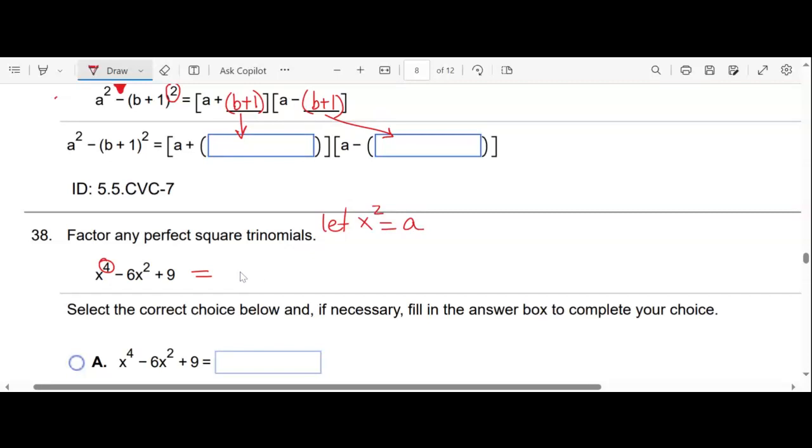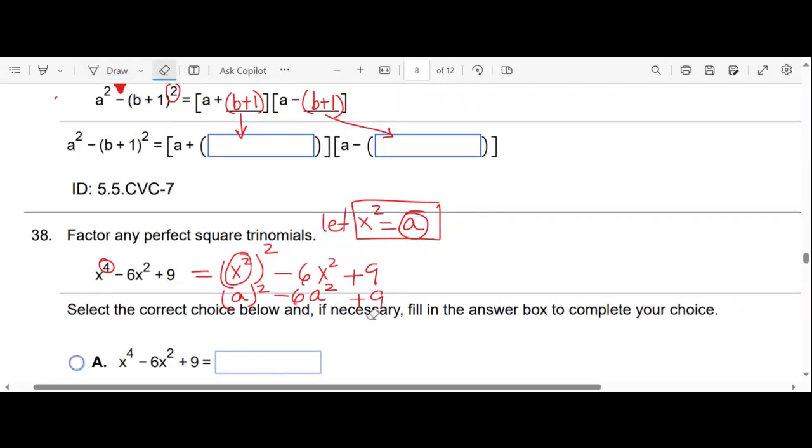So here I have x squared squared, minus 6x squared plus 9. I can replace x squared by how much? By a. So it's going to be a squared minus 6a plus 9. I'm sorry, not a squared, just a, right?